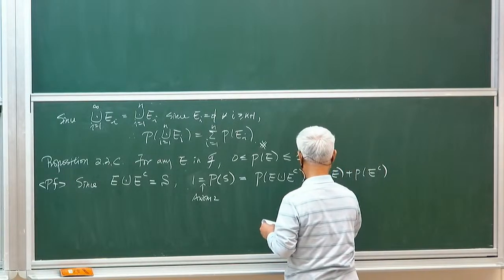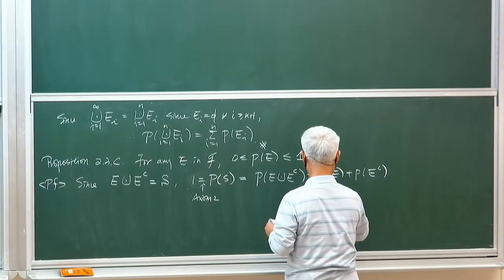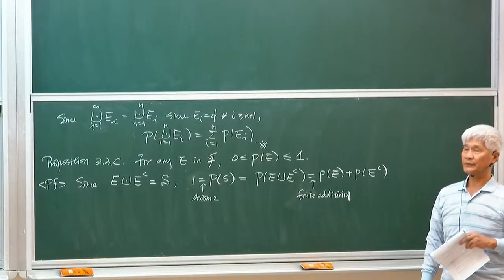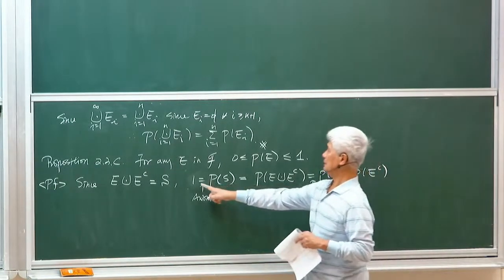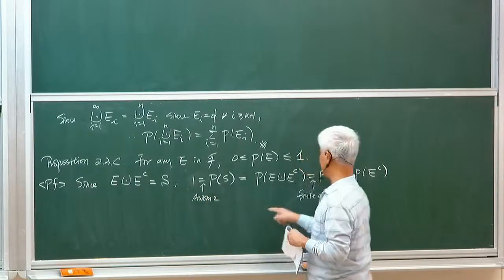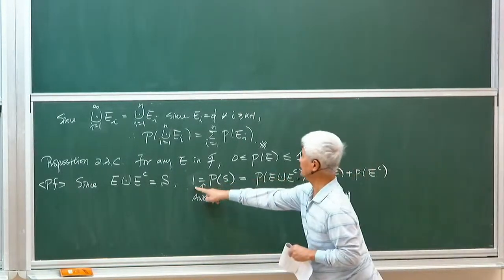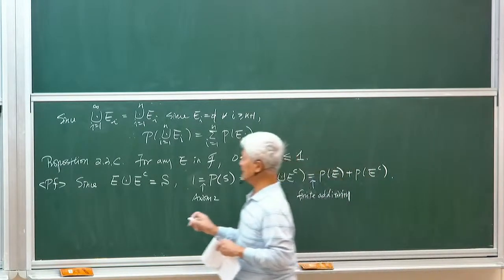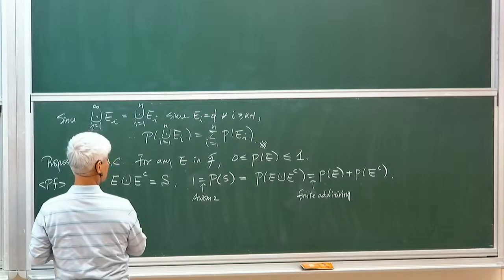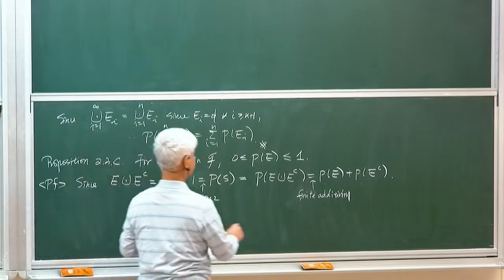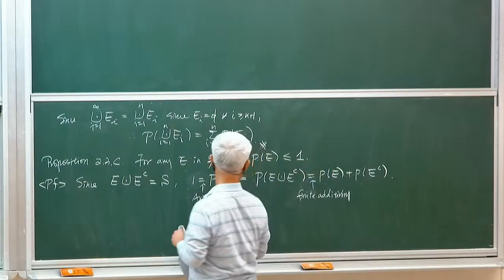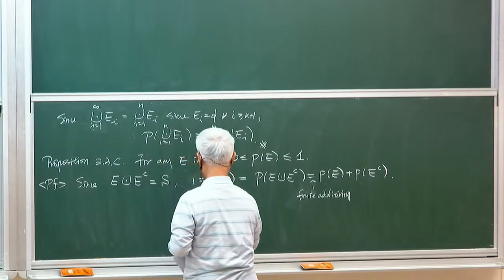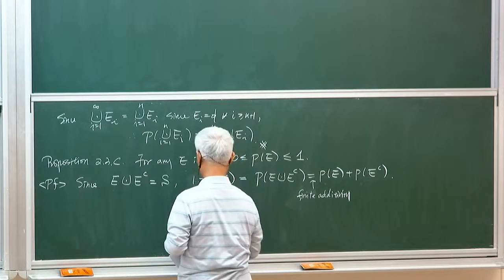Finite additivity is just proposition 2.3.b. Alright, so this is axiom number 2, and you have that 1 is equal to this sum. So that P of E is equal to 1 minus P of E complement.